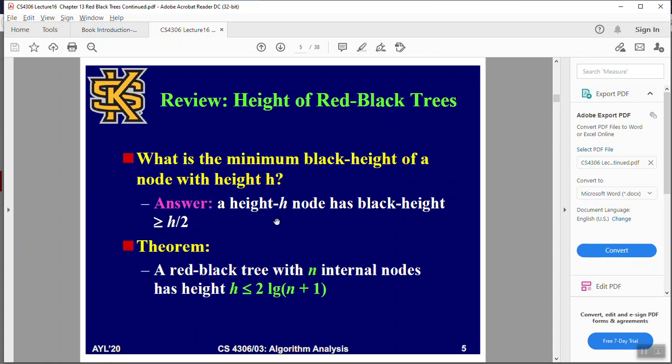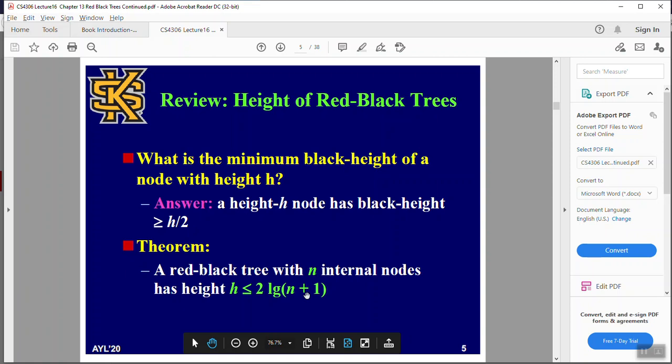For a red black tree with n internal nodes, the height is less than or equal to 2 lg(n+1).